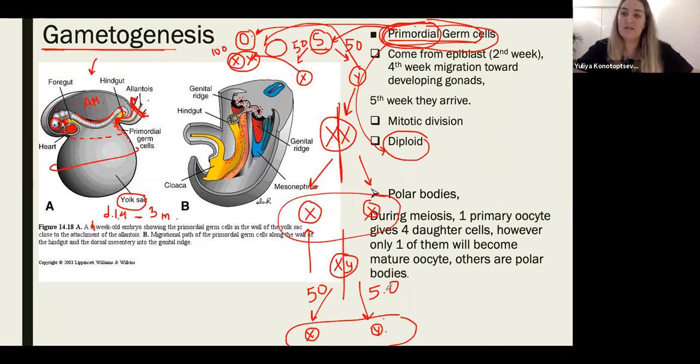So the cell that arises from PGC depends on the chromosomes that PGC carries. This is a very important sentence.